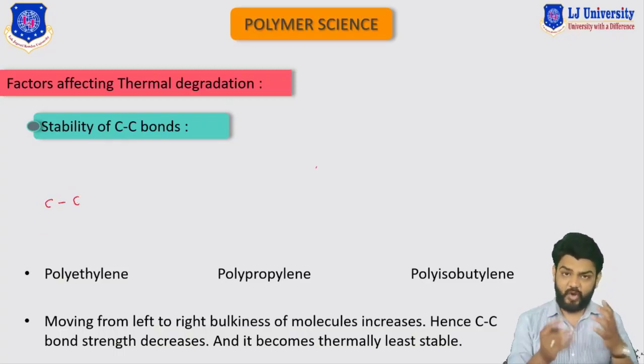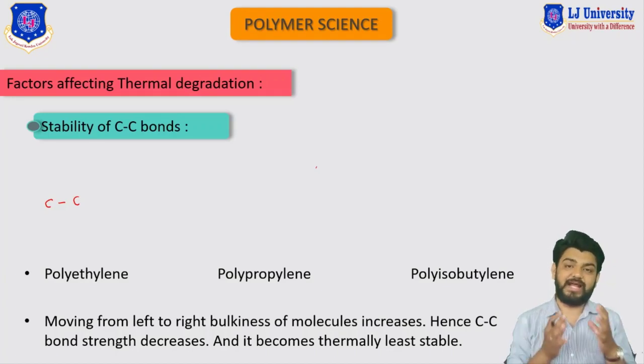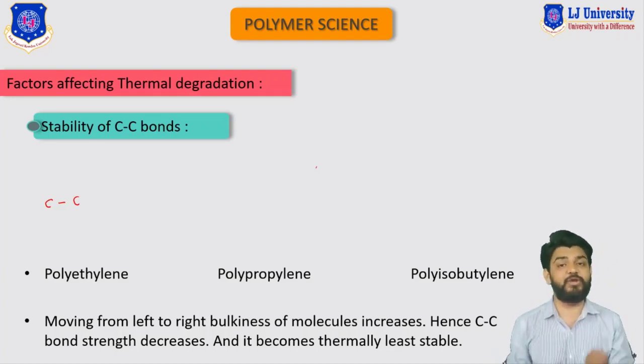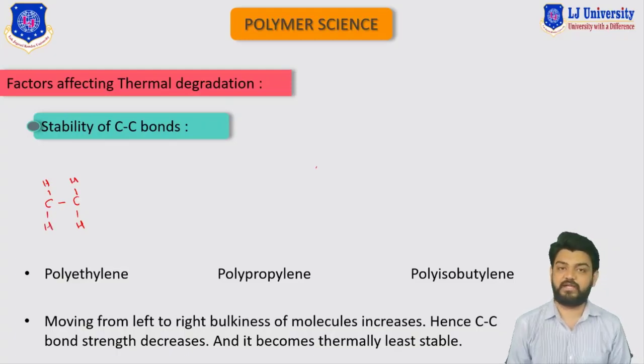There is a chain of carbon, but for the sake of understanding, I am representing only two carbons. There are n number of carbons in polyethylene. Both these carbons will have two hydrogen atoms each.